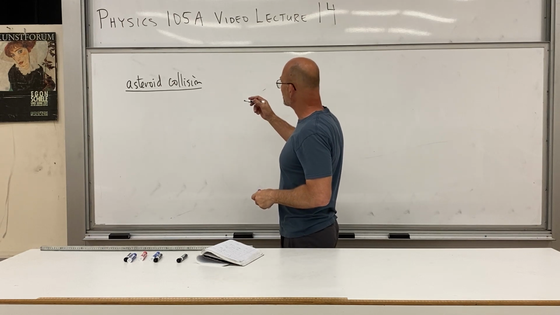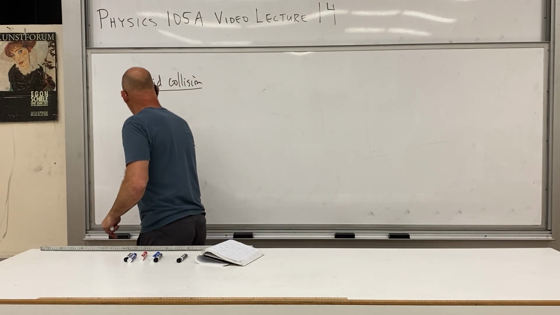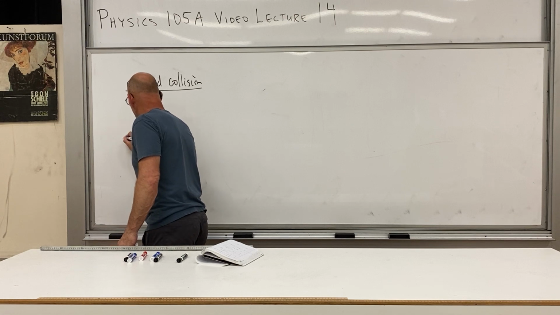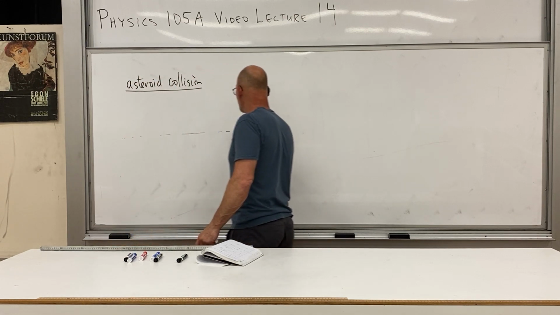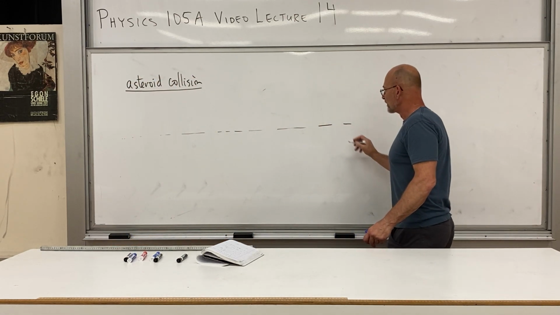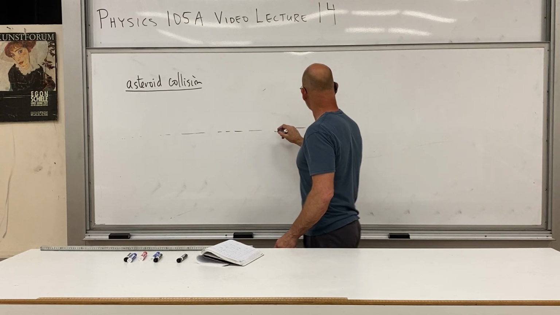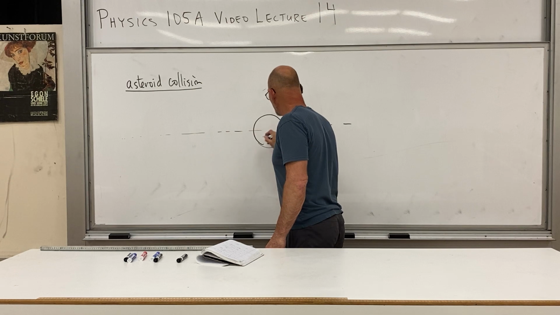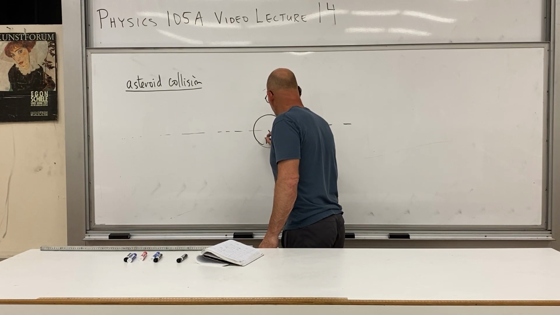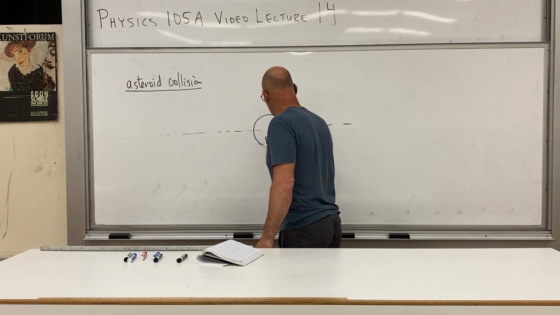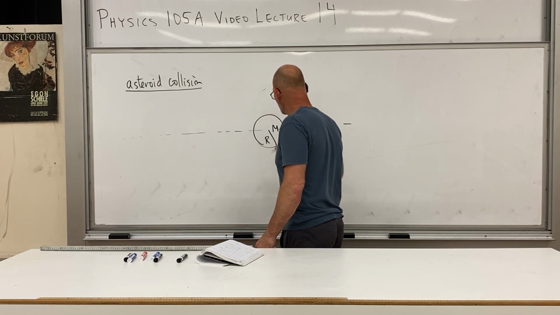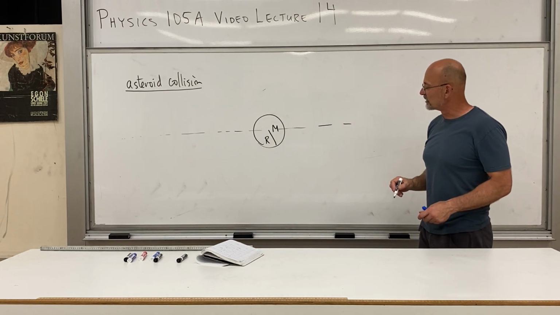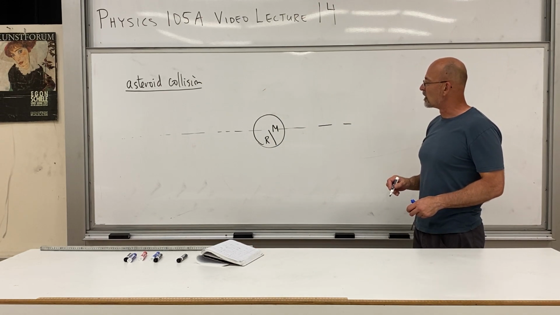So that's what we're going to look at, and we'll set it up just like the collision we just did, with an attractive potential. So here is our finite body. I think I need about half the board for this. Okay, so here's our finite body of radius capital R, mass m for whatever it's worth.